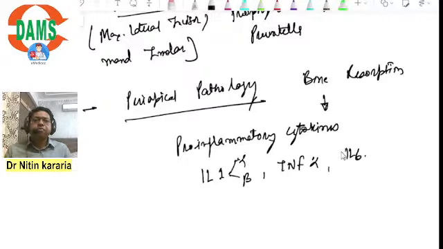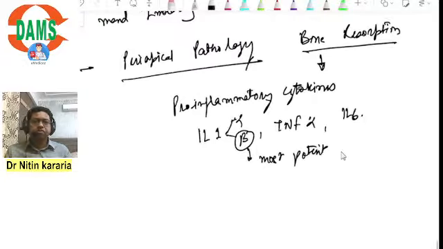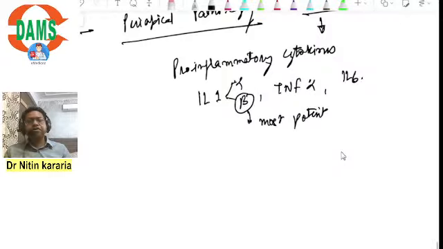These are the principal pro-inflammatory cytokines which cause bone resorption. Out of these, interleukin 1 beta is most potent in causing bone resorption. These are the important aspects of your periapical pathology and microbiology.